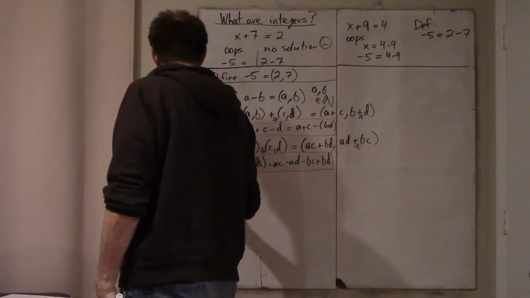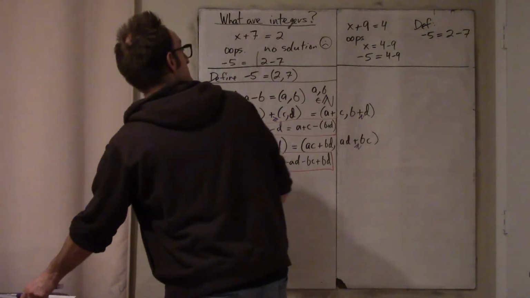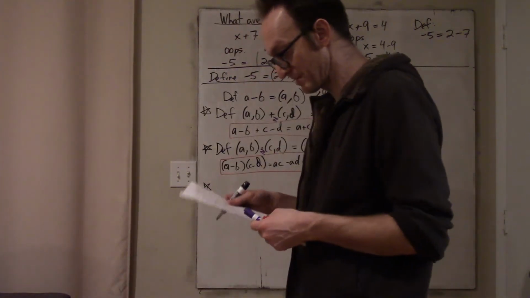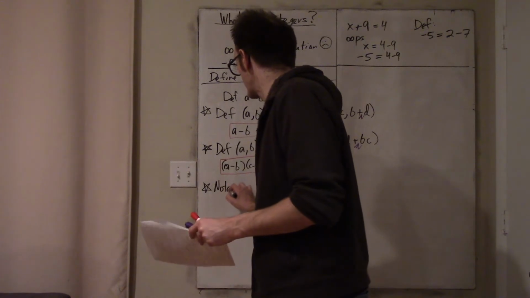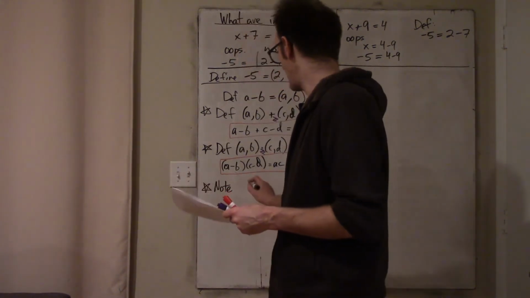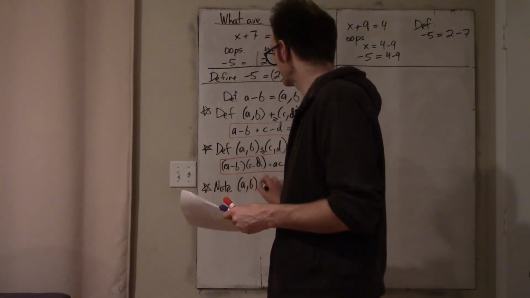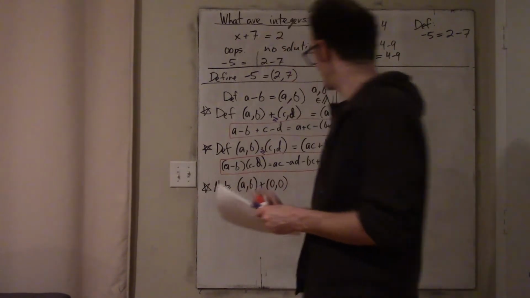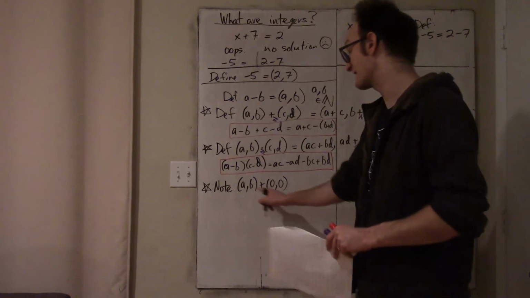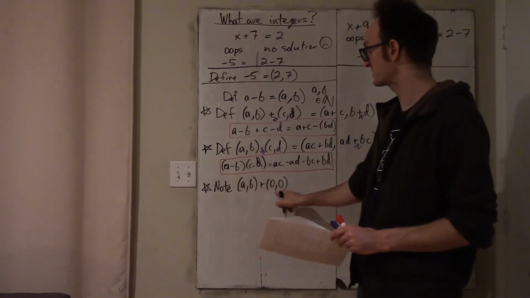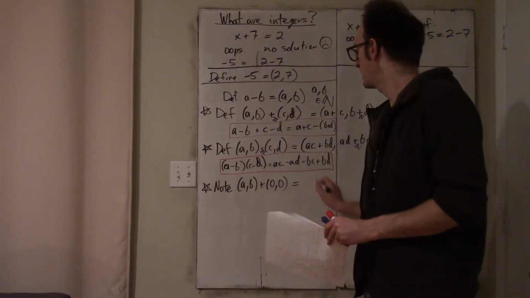Once again, I seek the additive and multiplicative identities. So let's see if it works. Note that if I add (0, 0) to (A, B), what do I get? We should think of this as A minus B, and this is 0 minus 0.